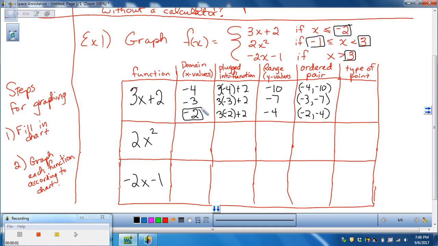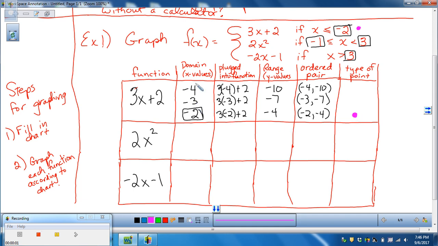So I'm going to put a box around that, and that tells me I am either going to call it an open circle or a closed circle, and how I decide that is what is the symbol that's right in front of it, or in the case of negative 1 here, what's right behind it. Less than or equal means that this particular point is going to be a closed circle, because anytime it's got that little equal bar, it's closed. So I'm going to go ahead and color that in as a closed circle.